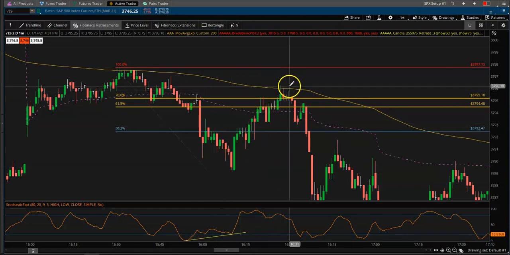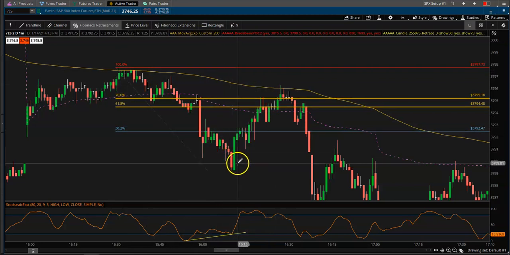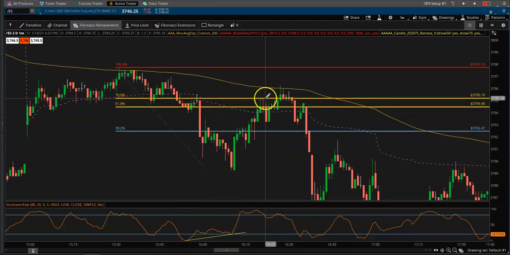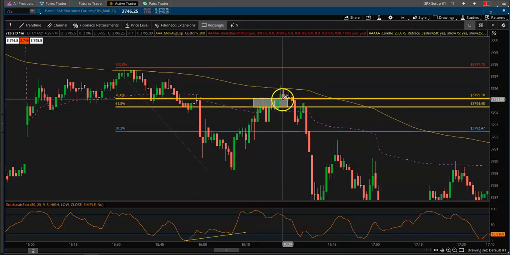So this trend is a smaller trend within the bigger trend. I hope that makes sense, right? So what we want to look for is somewhere in between this area, which is what we'll call the zone to get short, okay? And look for our short.